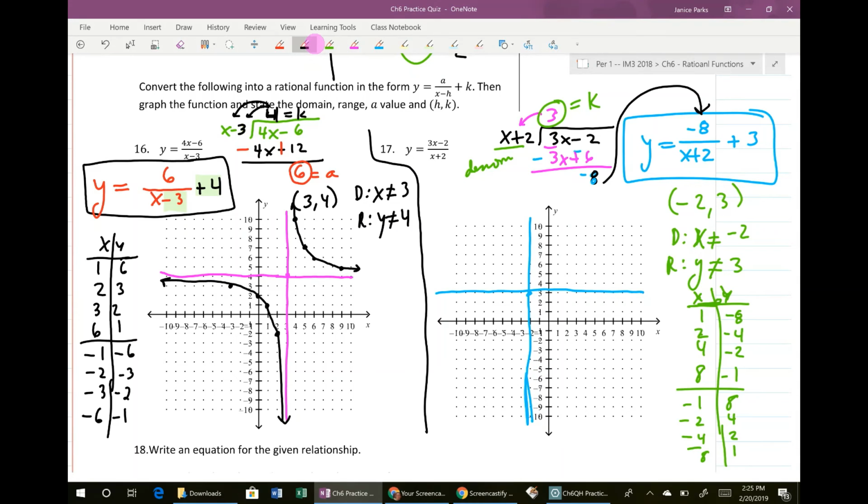I'm going to go ahead and plot. That's a horrible line. Let me redraw that. Plot these points. So 1, negative 8.